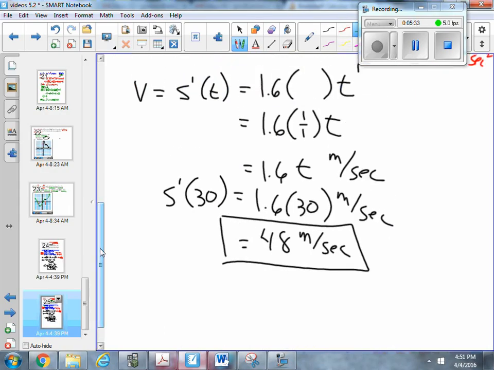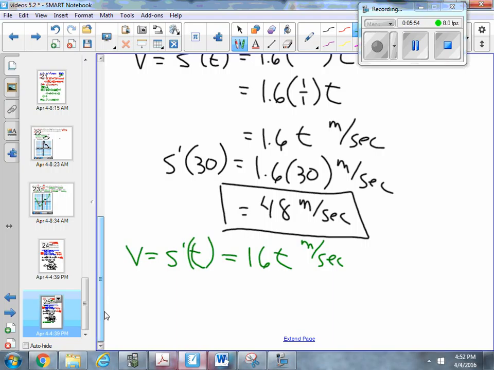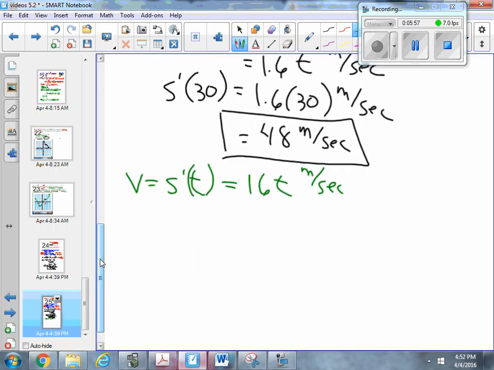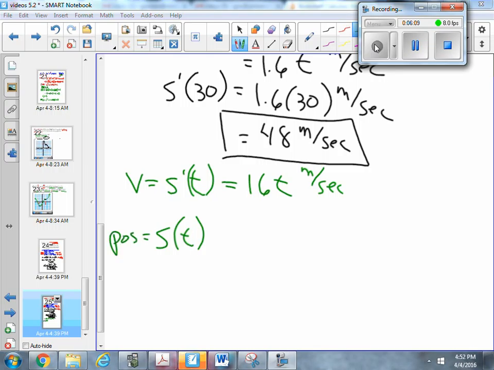If my velocity function is s prime of t, and that is equal to 1.6t meters per second, the antiderivative, I'm going to find that by doing this. So the antiderivative would be s of t, the position function, we'll call that position, is equal to 1.6 times my placeholder.